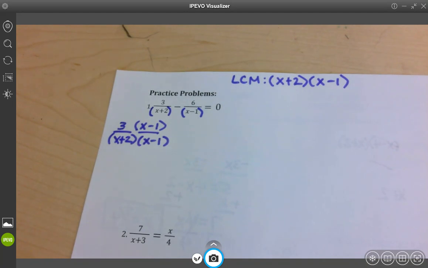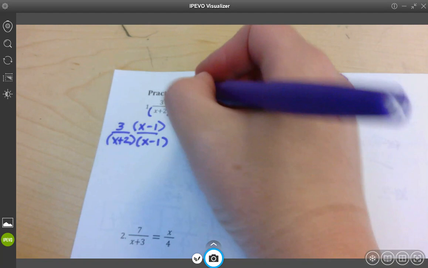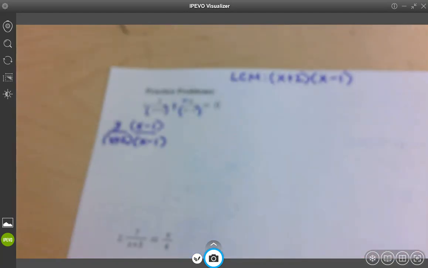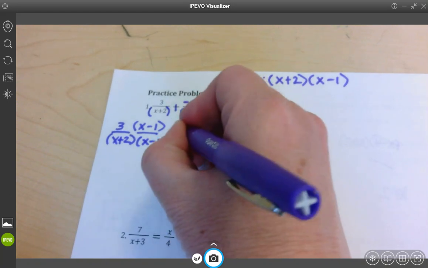The next fraction, it has the x minus 1. What's it missing? It's missing the x plus 2. I'm going to change this minus to plus negative so I don't miss out on distributing that.